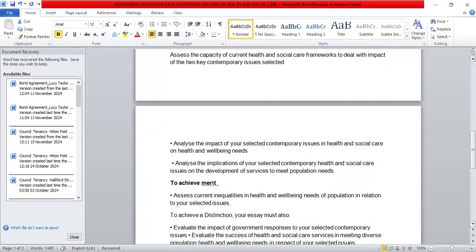Four, analyze the impact of your selected contemporary issues in health and social care on the well-being needs. And lastly, analyze the implications of the selected contemporary health and social care issues on the development of services to meet population needs. Those will achieve a pass mark. So let's look into what we mean by this. So that's task two.